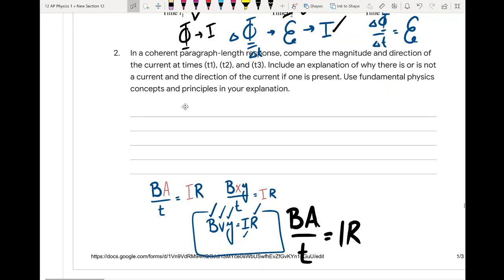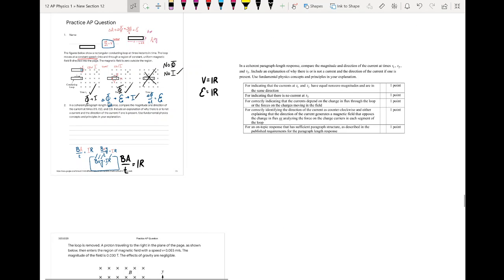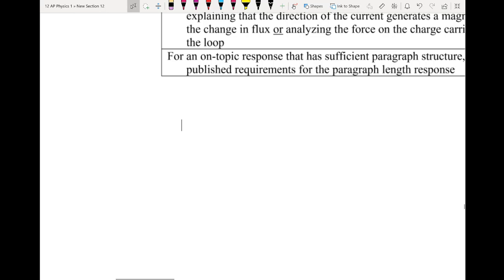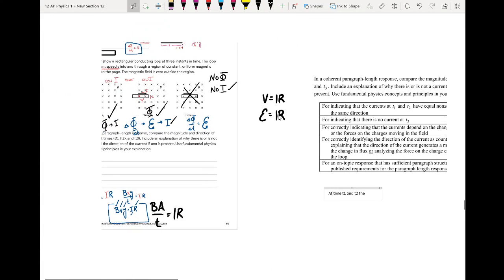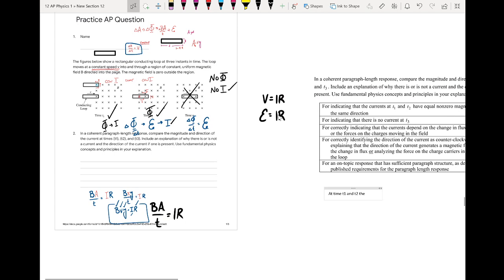Alright, so if we're going to type something up, I'm going to come over here. This is kind of our key, so it's a little bit of cheating, but you know, that's okay. So this we're going to say, at time t1 and t2, let me see what we're really trying to answer again. Compare the magnitude.